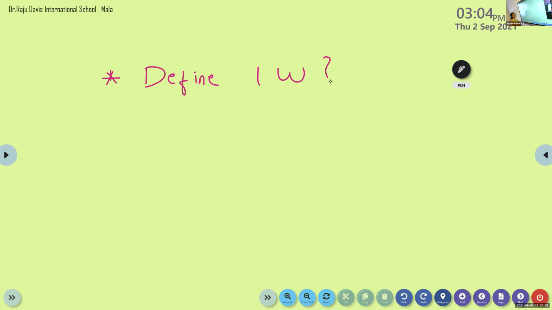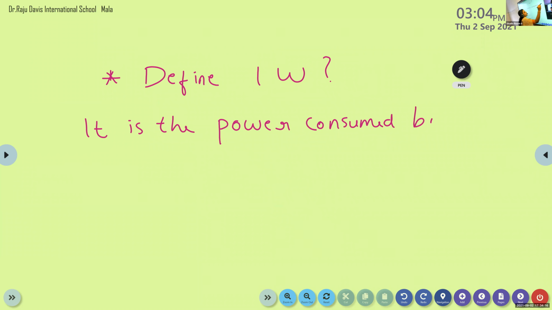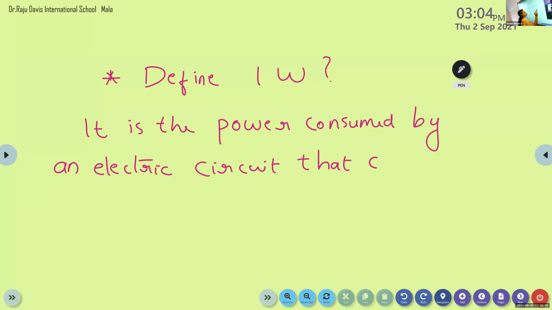It is the power consumed by an electric device or electric circuit that carries how much amount of the current? 1 watt is equal to 1 volt into 1 ampere.